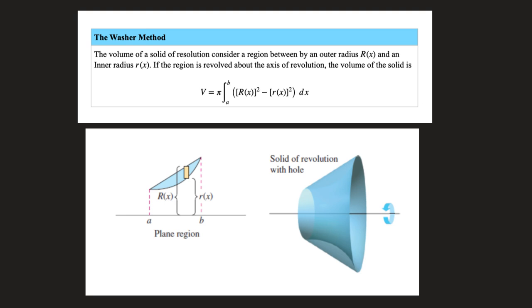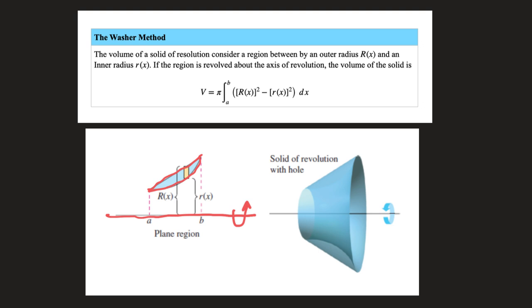How are we going to find the volume using the washer method? Look at this one. This blue region, you're going to rotate around this axis, and you make this 3D object. We want to find the volume.